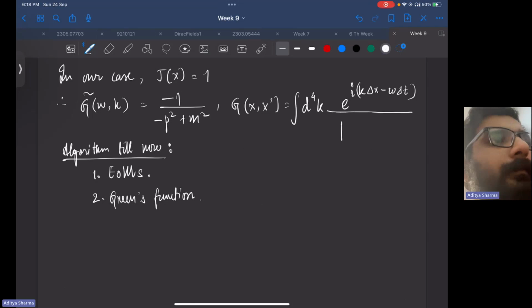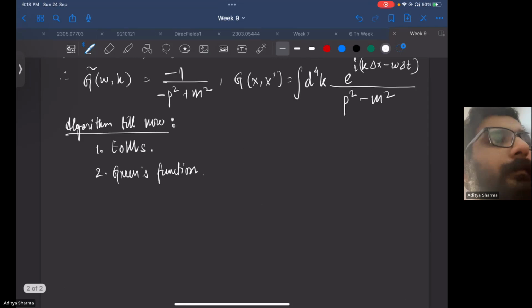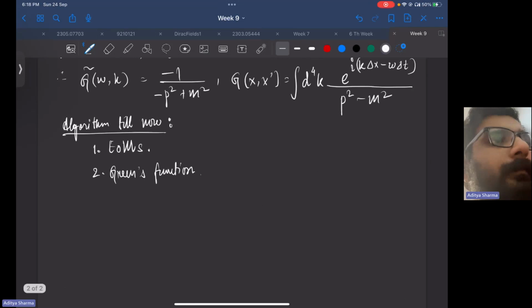I'm going to put the minus sign below, t square minus m square. This is what you're going to do. So the algorithm till now is first to find the equation of motion, then Green's function.